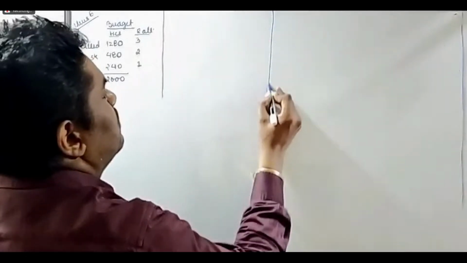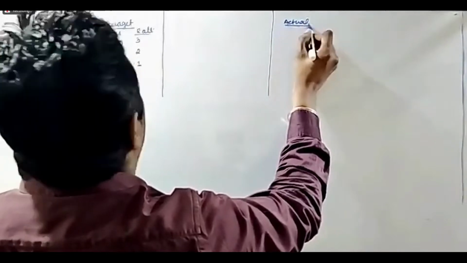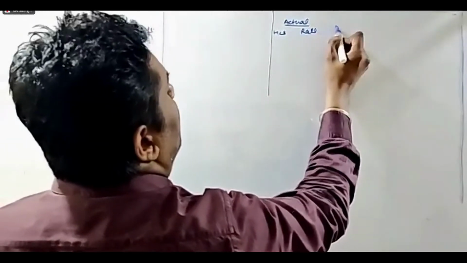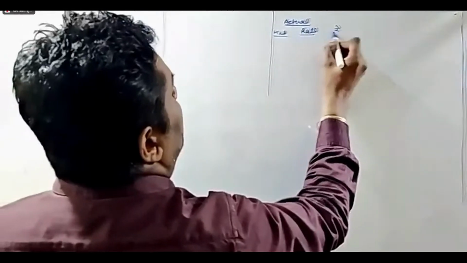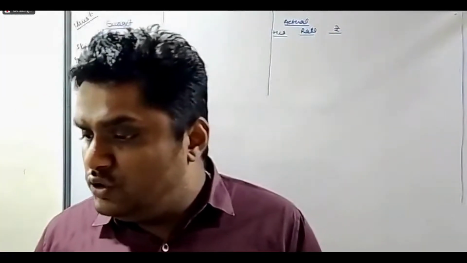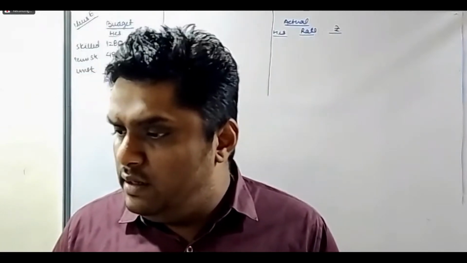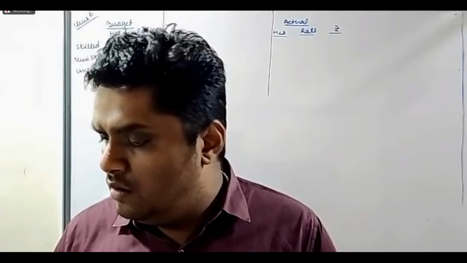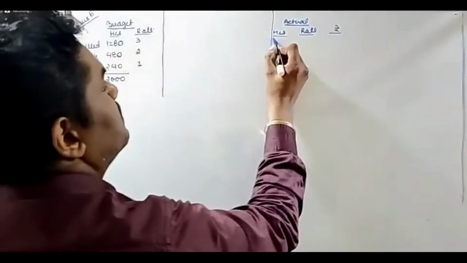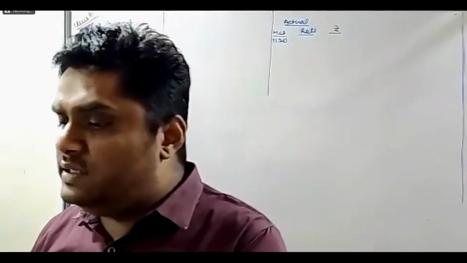Now let's start with the actual data. When talking about actual, there are total 28 workers of skilled. So this will be 1120 hours. 18 workers of semi-skilled.